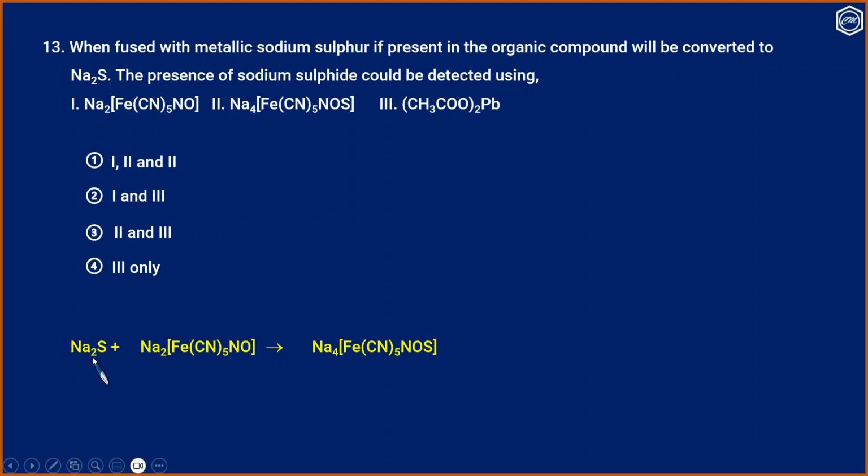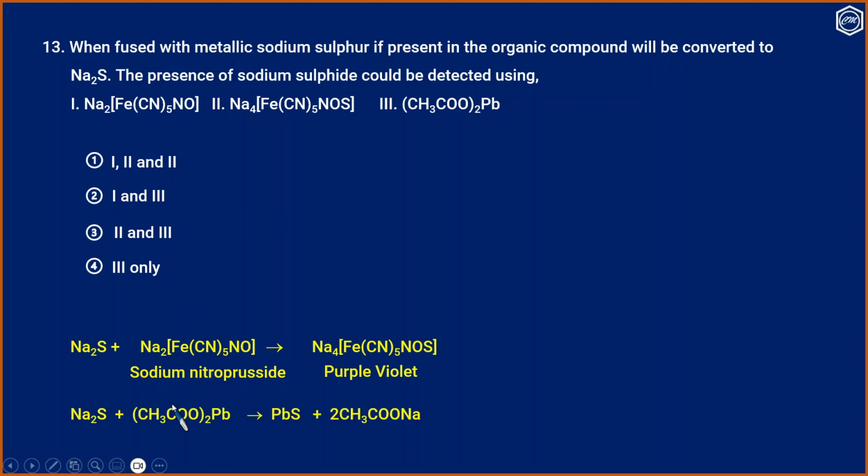We know sodium sulfide reacts with Na2[Fe(CN)5NO], sodium nitroprusside, and gives a purple violet color of sodium thionitroprusside. So we can use sodium nitroprusside for testing sulfur.